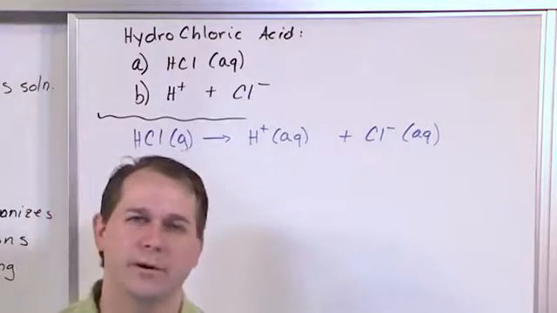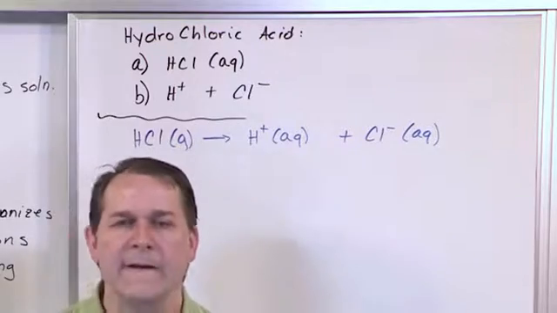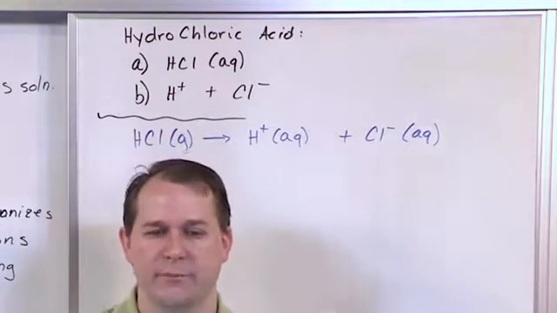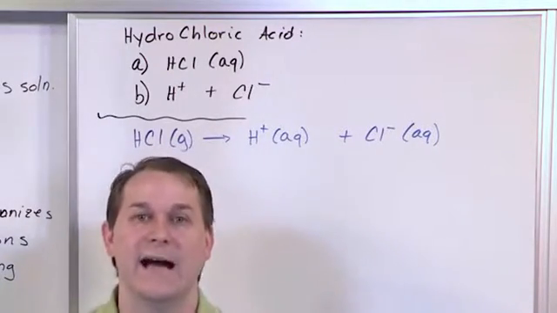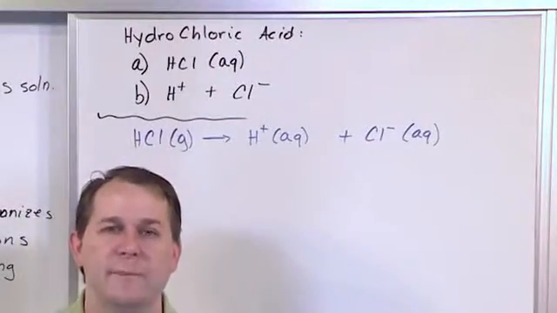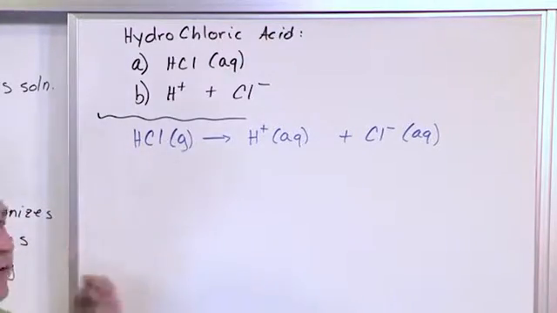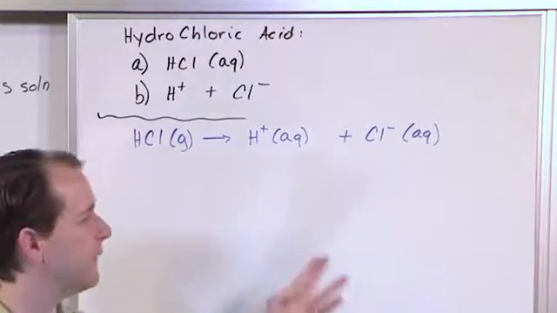I'm trying to instill upon you that just because it's an acid doesn't change anything. It's still something you put into water and it breaks down. So the same rules apply for the calculation of concentration of ions in solution.